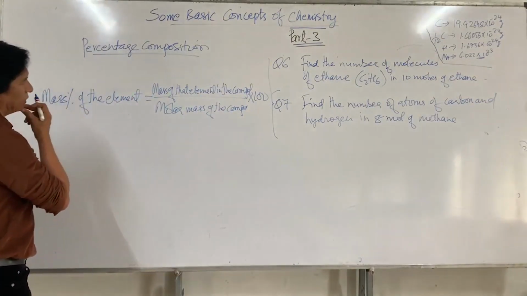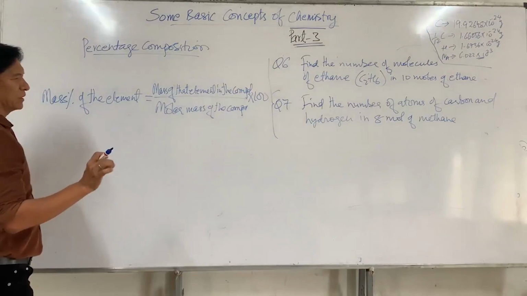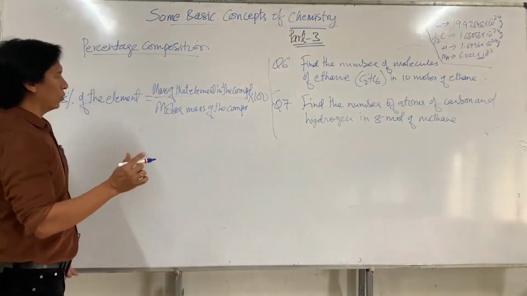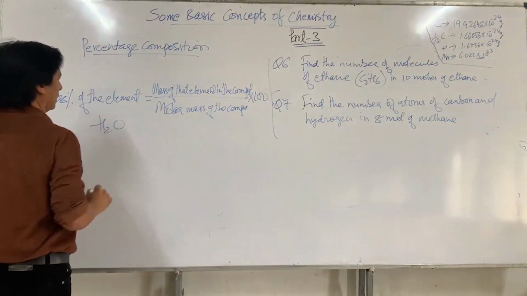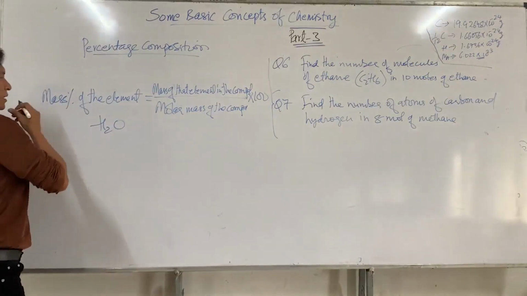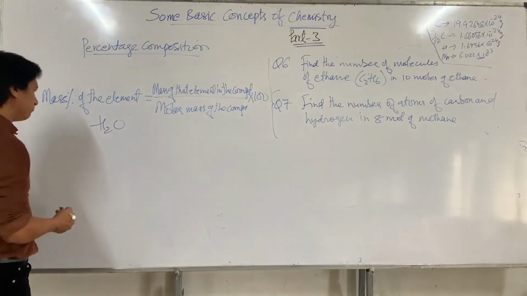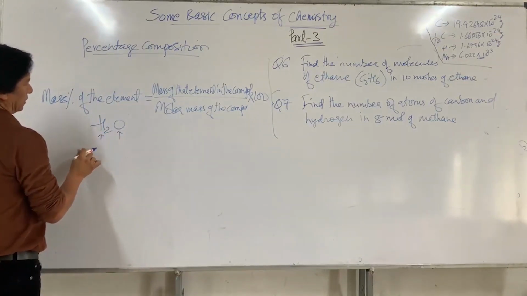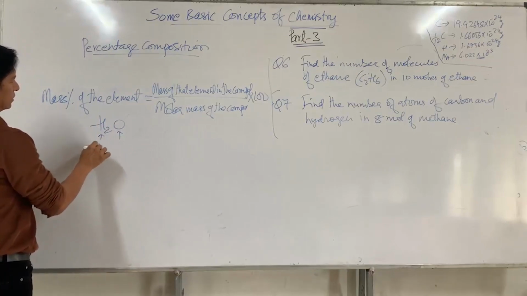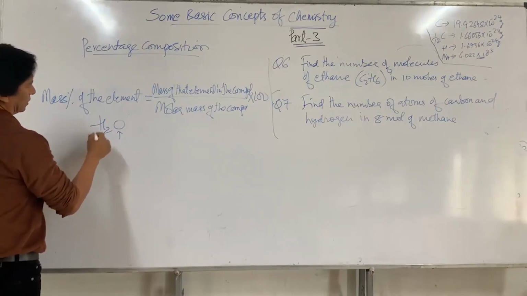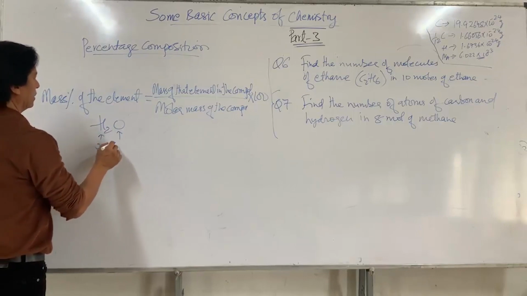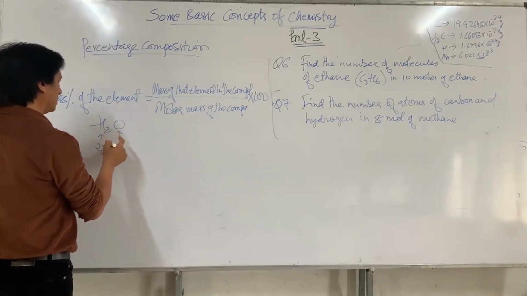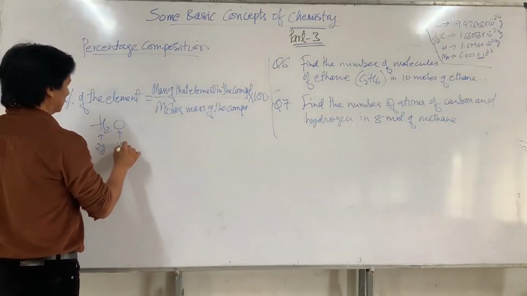The very first example is we will try to find the mass percent of the two elements hydrogen and oxygen in water. So this is H2O, right? Now, in terms of their atomic mass, we know that in water you have two atoms of hydrogen, which is 2 grams, then oxygen, each oxygen atom has an atomic mass of 16, so it is 16 grams.